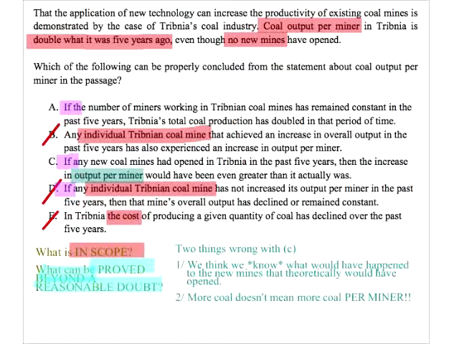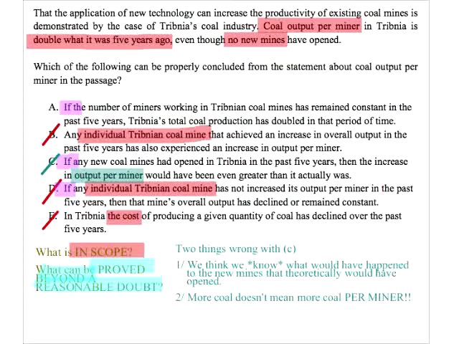If I drive 1,000 miles and then I walk 10 miles, then the 10 miles that I walk will definitely increase my total mileage, but they will not increase miles per hour because it's much slower than driving. So even if you had a mine that opened and produced a whole bunch of coal, it could still lower the coal output per miner if it wasn't as efficient as other mines. So choice C, I wouldn't necessarily say it's out of scope, but it's just not right, given what we have here. I mean, it's making assumptions that we can't make.